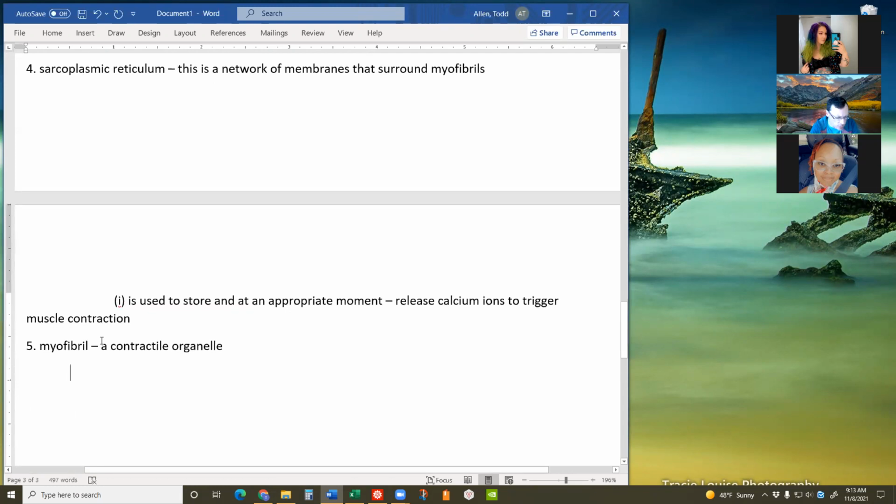The myofibrils go basically from one end of the cell to the other end of the cell. You can kind of look at that in a simplistic fashion if you look at figure 10.2, panel D, and you see the long cylindrical myofibrils there, right? They basically go the entire width of the cell.